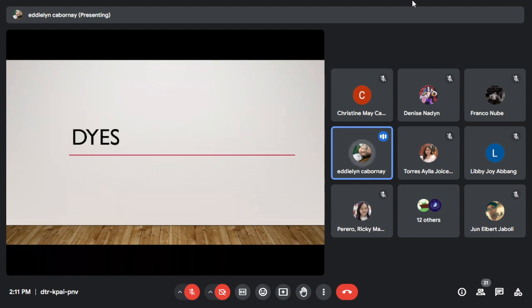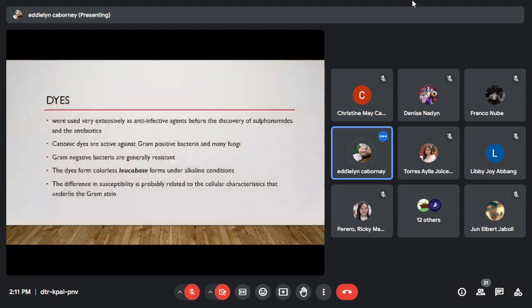Okay, so let's proceed to the dyes. The dyes were used very extensively as anti-infective agents before the discovery of the sulfonamides and then the antibiotics. Cationic dyes are active against gram-positive bacteria and many fungi, whereas gram-negative bacteria are resistant.